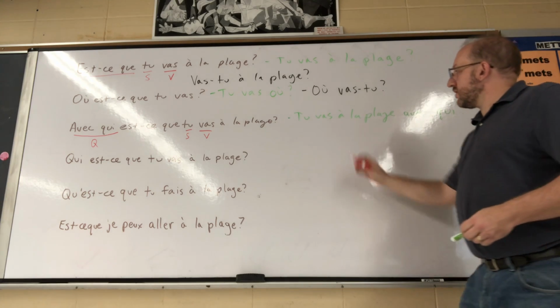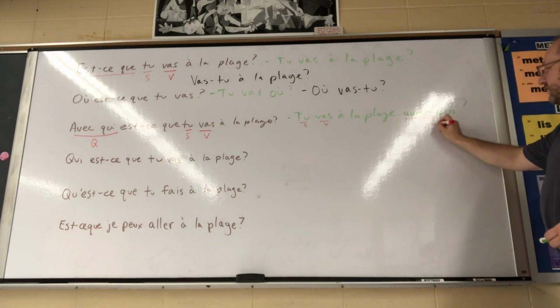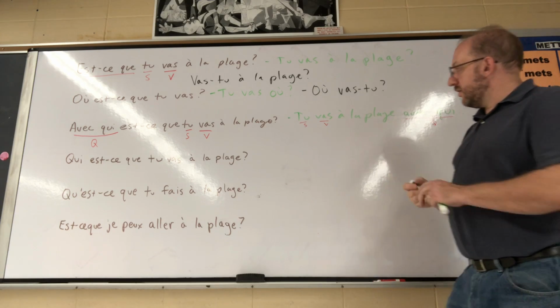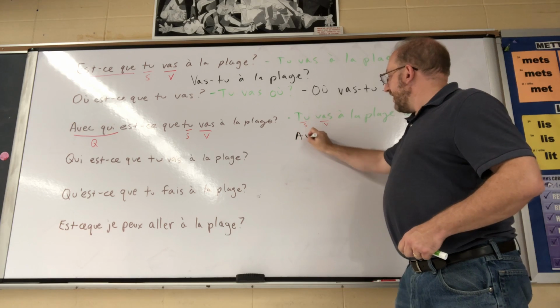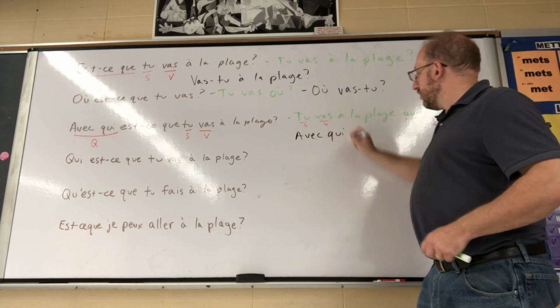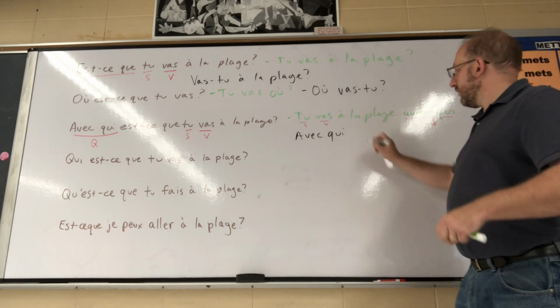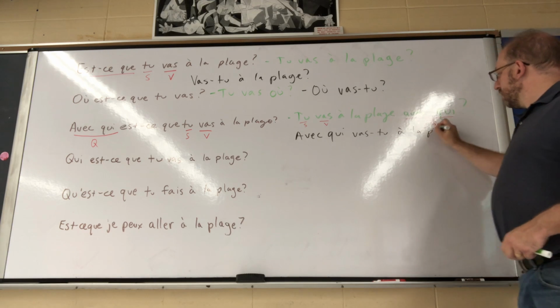Here we have our subject, our verb, and our question is at the end. In inverted form, we're going to put our question word at the beginning again. Avec qui? And then we're going to invert subject and verb. Vas-tu à la plage?